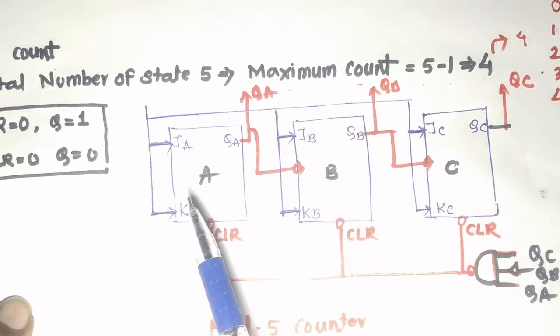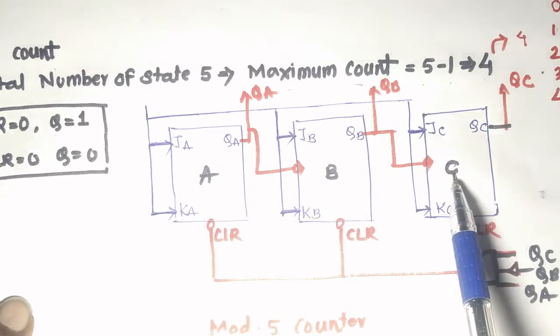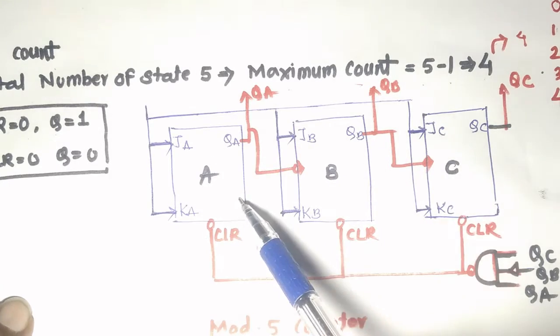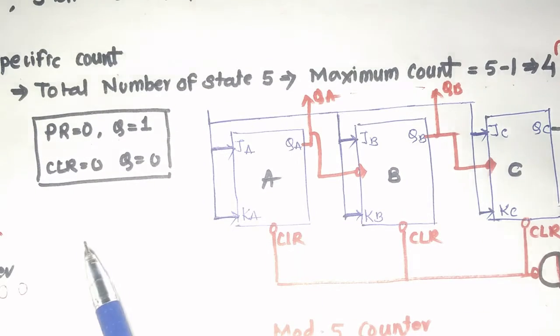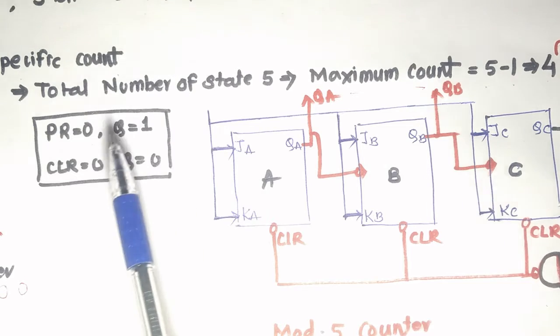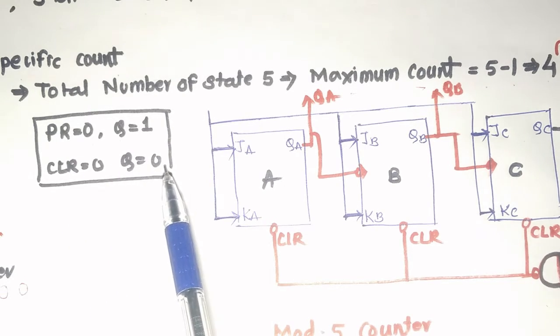To design it, we have used 3 flip-flops named A flip-flop, B flip-flop and C flip-flop, and in this circuit diagram we have used the JK flip-flop.